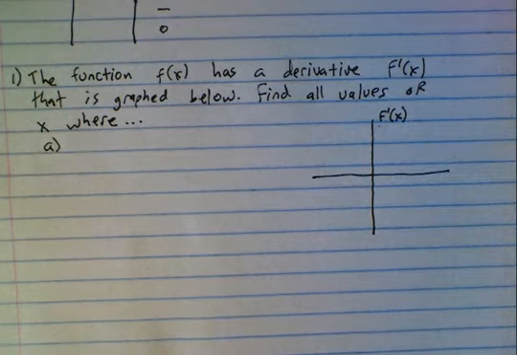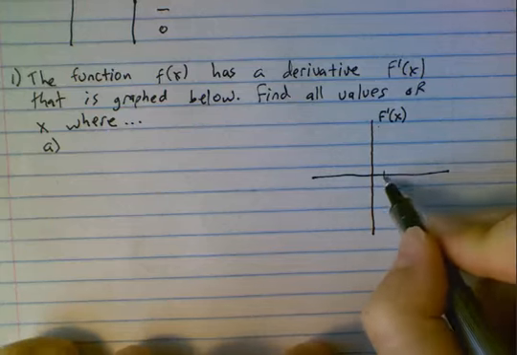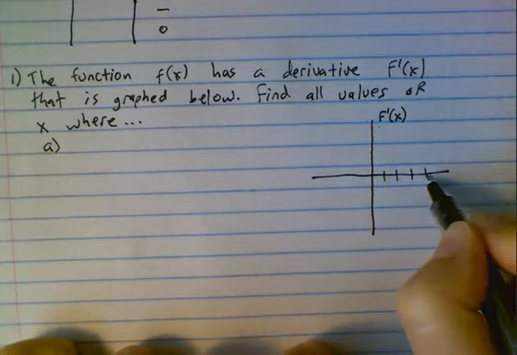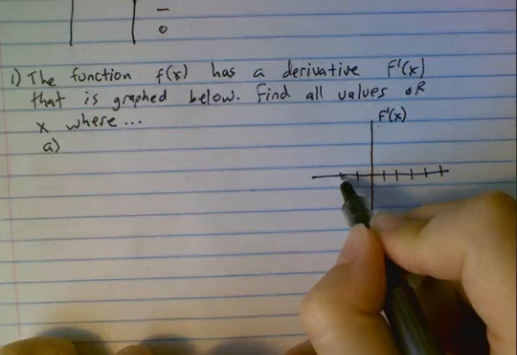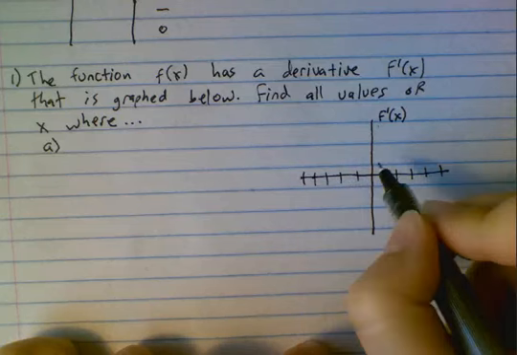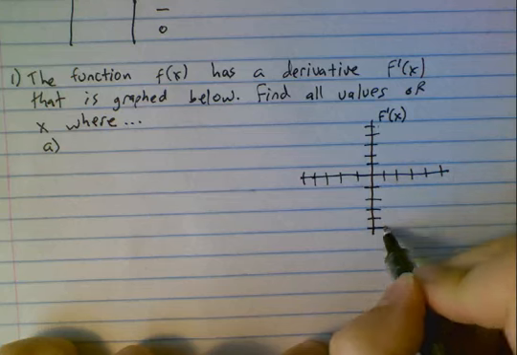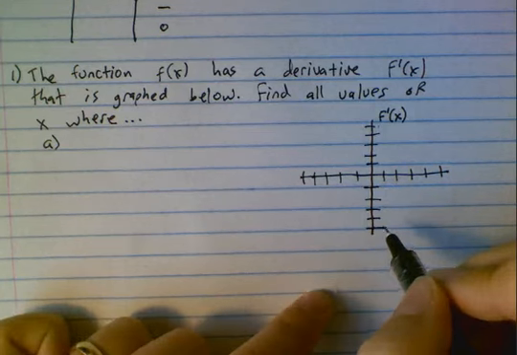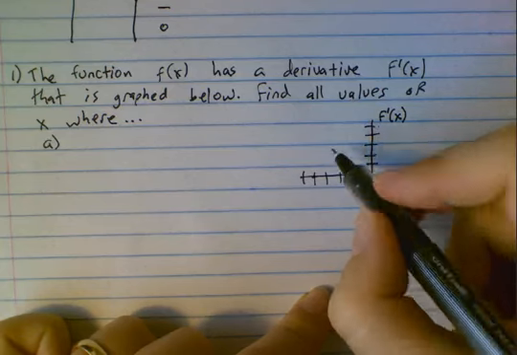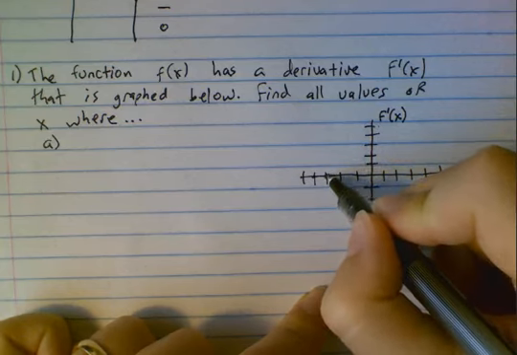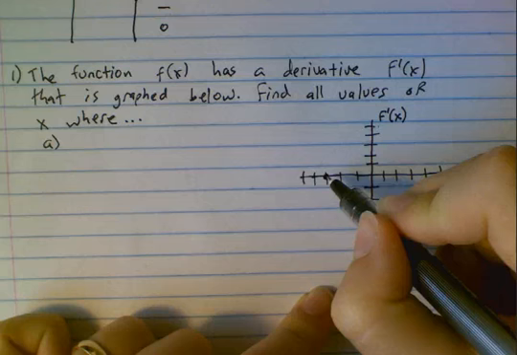This is f prime of x. So we'll start at -3.